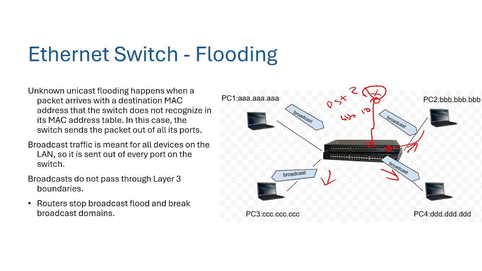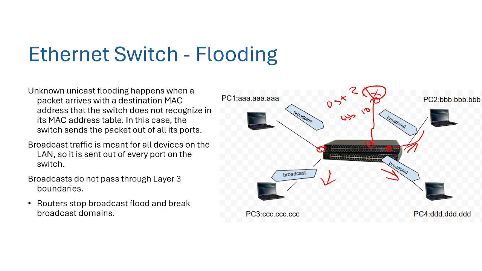Now the switch knows the MAC addresses of PC1 and PC2. So the next time traffic comes between PC1 and PC2, it will just do unicast traffic. It won't broadcast to anyone. That's how switches do MAC address learning efficiently.